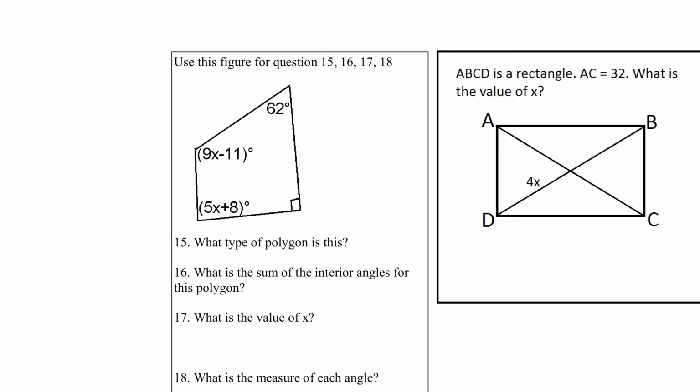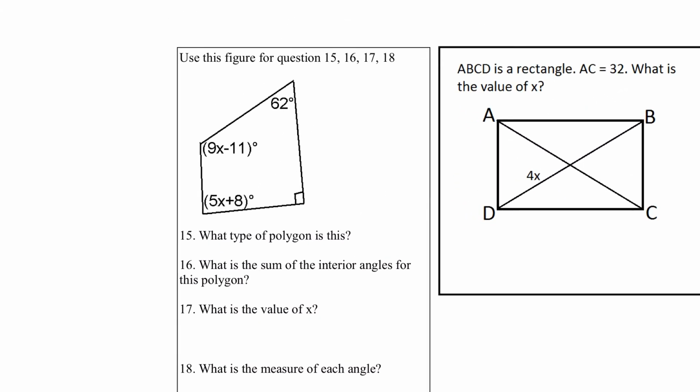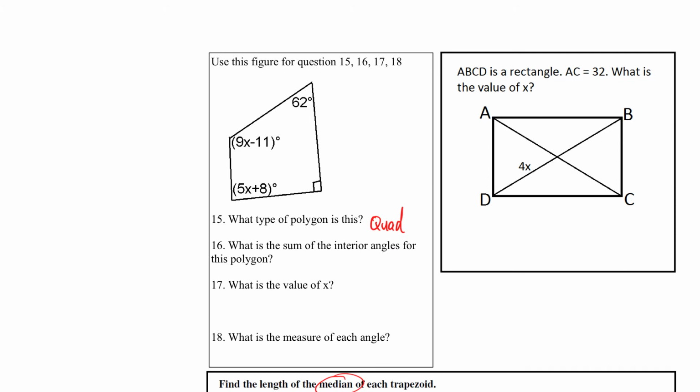Next page. So on this one, what type of polygon is this one? What is it? It's a four-gon. It's a quadrilateral. Okay? So what do the angles add up to in a quadrilateral? They add up to 360.